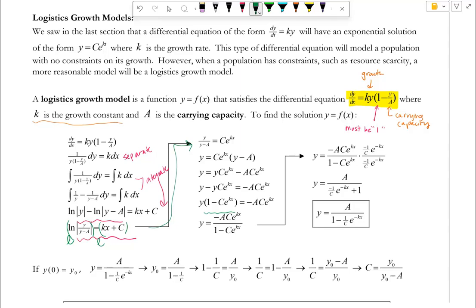And we end up getting this equation that, if we were to simplify it up a little bit to get rid of the c times e to the kx in our numerator, we could just get a in our numerator. We're going to multiply by this version of 1 right here to simplify our numerator, and this is what we get as our equation.